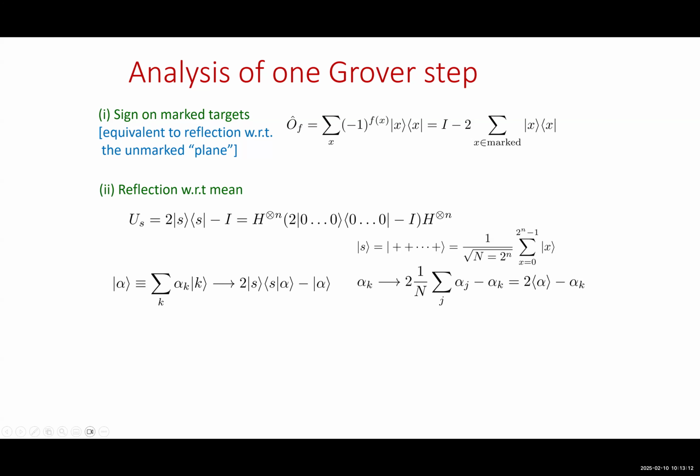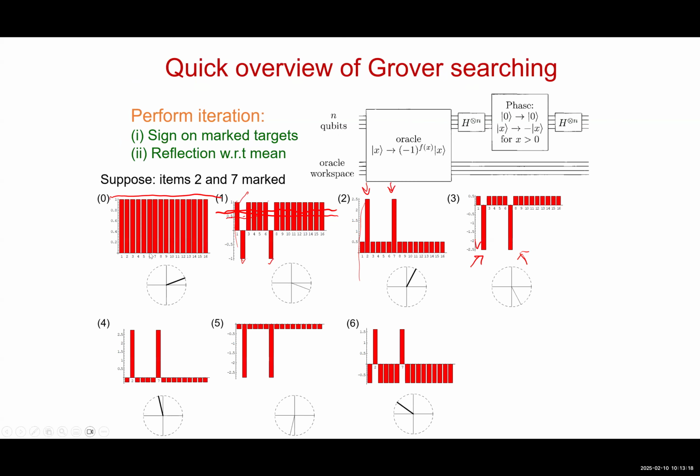If you want to do the reflection with respect to the original wave function... which original step? The mean of this sigma. I don't know whether you can keep that information.